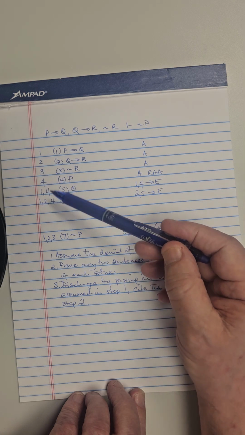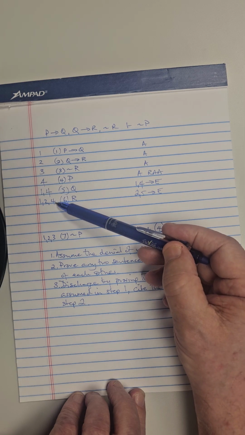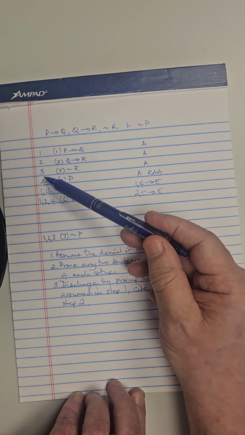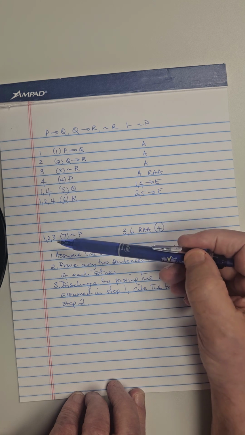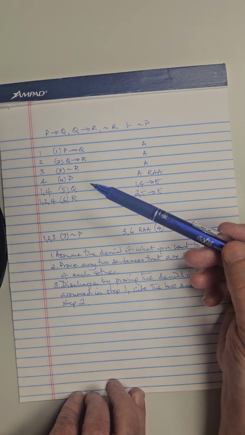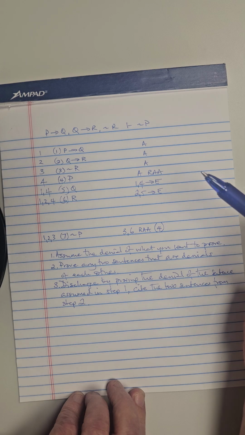If all those assumptions were true, if 1, 2, 3, and 4 were true, R would have to be true and false. And if 3 is true, not R is true. But if 1, 2, and 4 are true, R is true. So 1, 2, 3, and 4 cannot all be true.